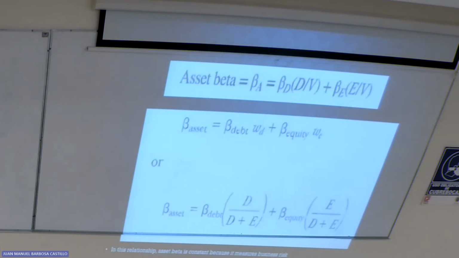Now, from the balance sheet of a company, we remember we have assets. Where are the assets located? On the left-hand side of the balance sheet, right?